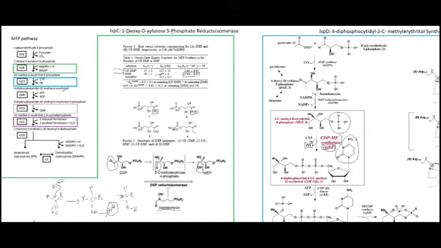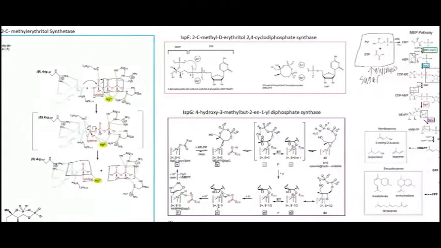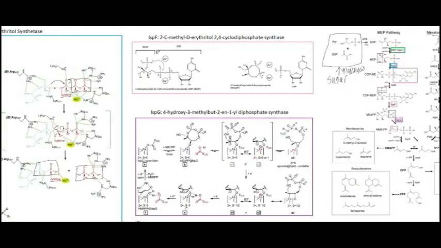So we're skipping this step because this is basically a similar thing where we're just adding a phosphate onto it, and we'll go down to this one here, MDS, which is also called IspF, or 2C methyl D erythritol 2,4 cyclodiphosphate synthase.